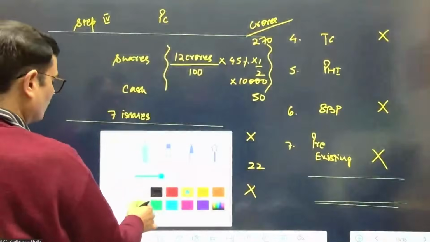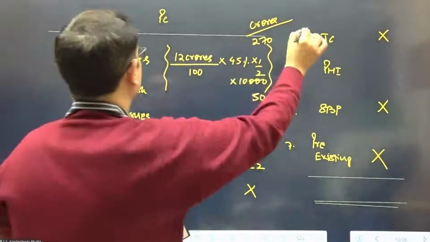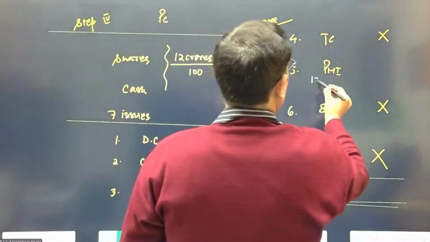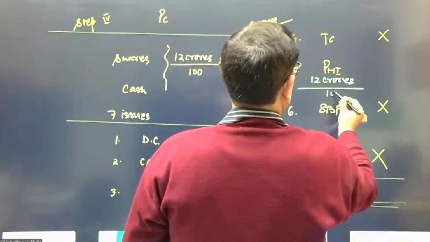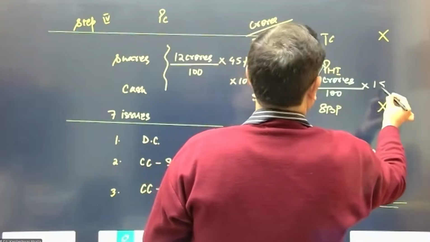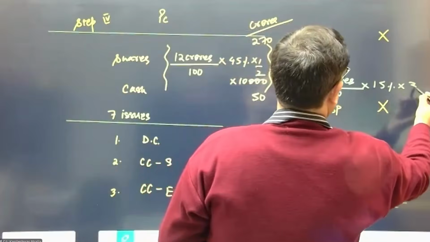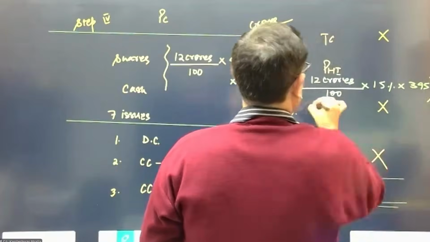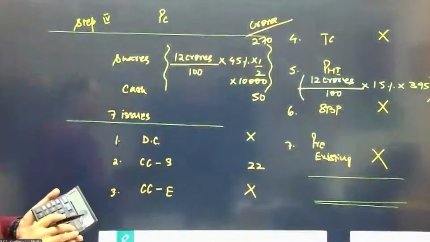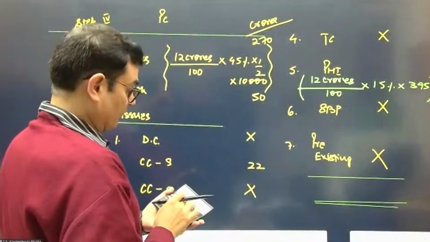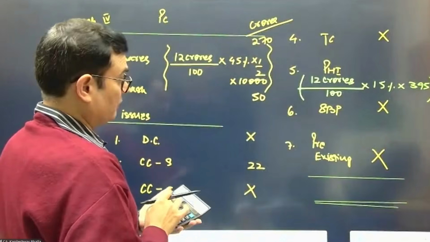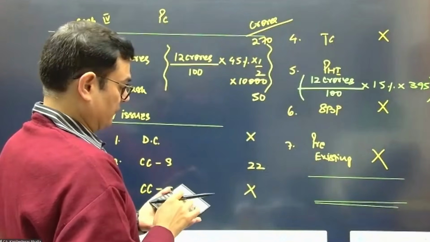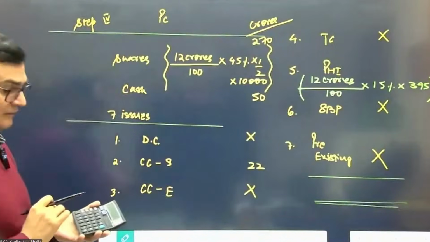So the total shares acquired, 12 crores worth of shares were there, and shares are 100 each. We acquired 15% shares, and the fair value is 395. So this is going to be 12 crores divided by 100 into 15% into 395.